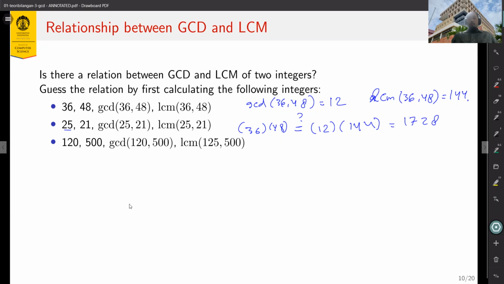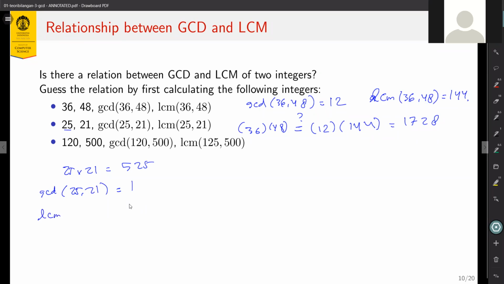You have 25 times 21 is 525, right? Now, GCD of 25 and 21 is, this is easy, should be 1, right? 1.